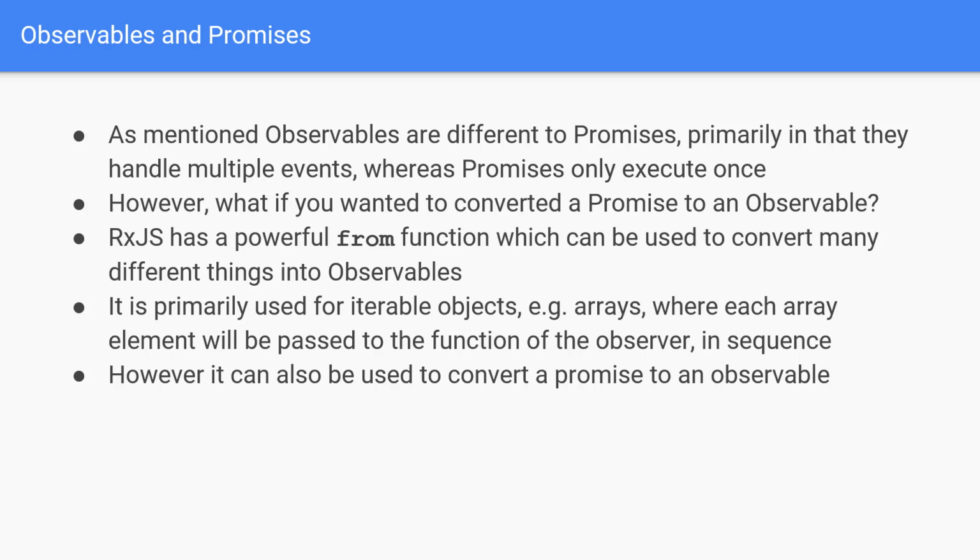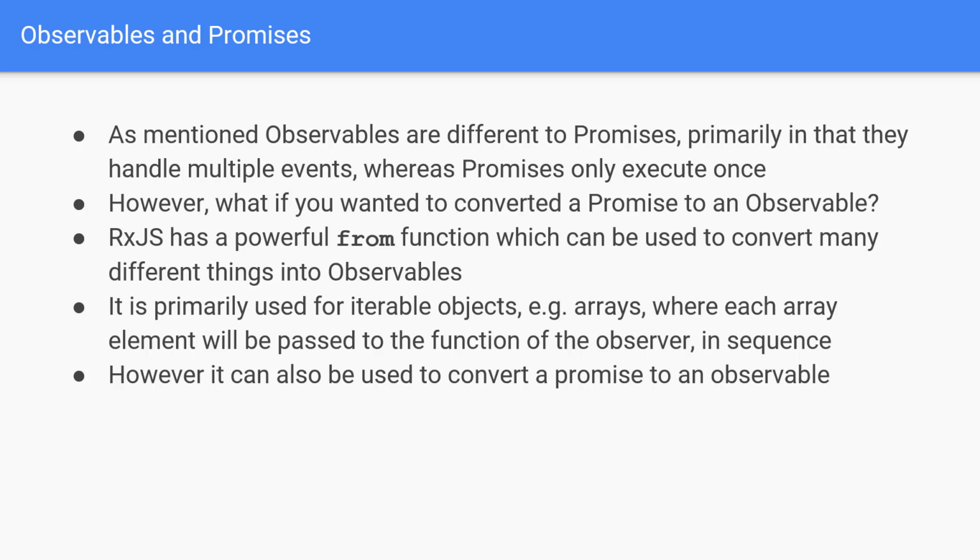As mentioned, observables are different to promises, primarily in that they handle multiple events, whereas promises only execute once. However, what if we wanted to convert a promise to an observable? RxJS has a powerful from function which can be used to convert many different things into observables.